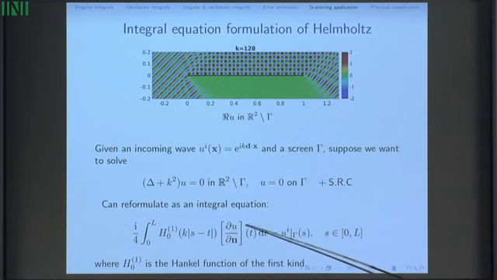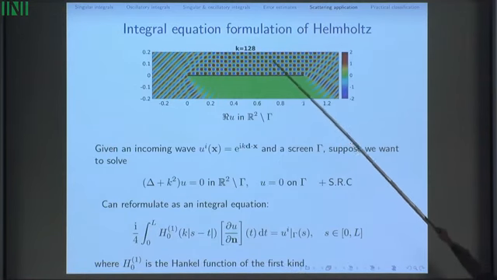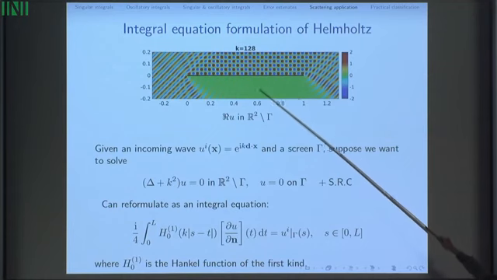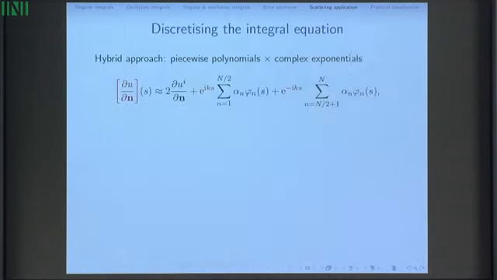These square brackets around the normal derivative correspond to the difference in the trace taken from above and below the screen. And then the right-hand side is just based on known data, which corresponds to the trace of the incoming incident wave.